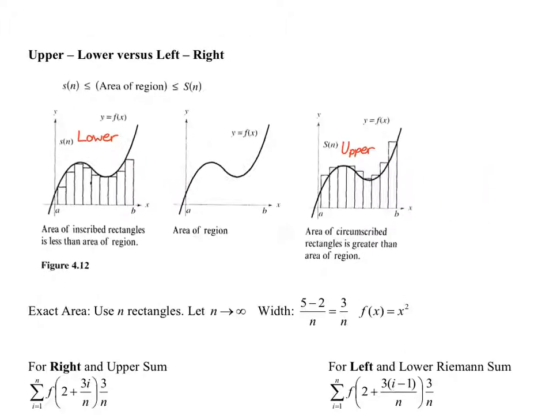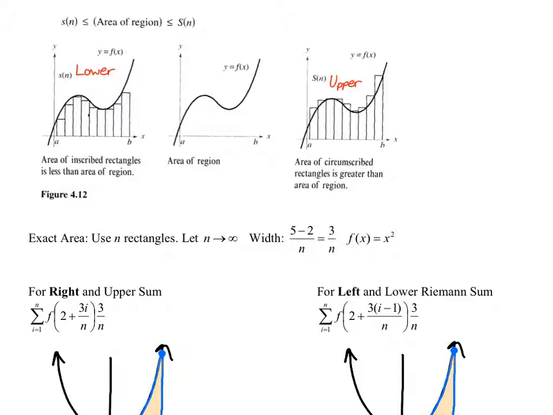Now, here's what we're going to be doing. We're using n rectangles. And like we said, the more rectangles you use, the better your approximation comes out. So what we're going to do is let n approach infinity. And notice, how wide was the region we were dealing with?